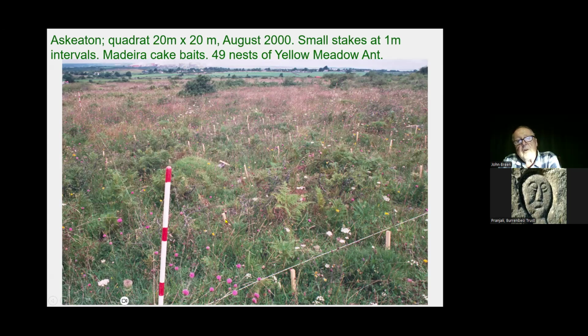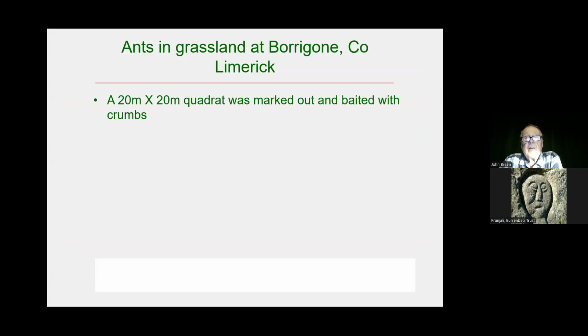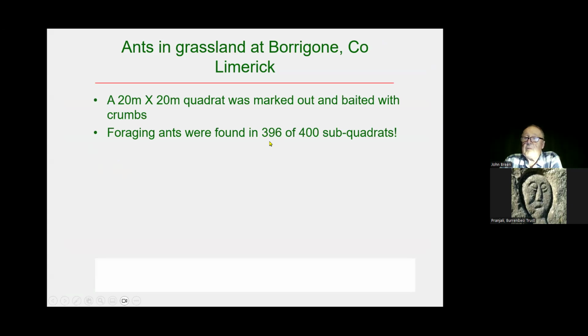And within it, we laid out 1 meter square subquadrats. So that means that we had 400 subquadrats. And using bun, Madeira cake, there were ants in 396 of the 400 subquadrats.